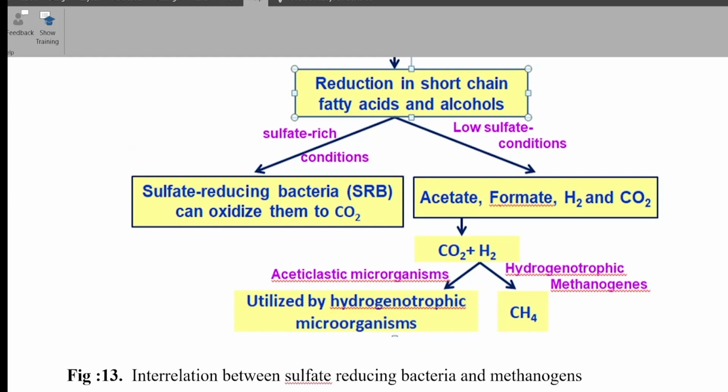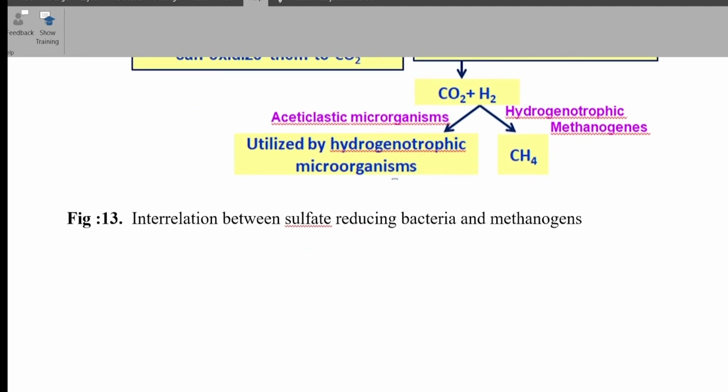First, there may be the hydrogenotrophic methanogens in one path, and another, if there is an acetoclastic microorganism, they are utilized by hydrogenotrophic microorganisms. So the preference of the reaction depends upon the situation. This interaction between sulfate-reducing bacteria and methanogens exists at the bottom of the sea in the sulfur-rich environment.